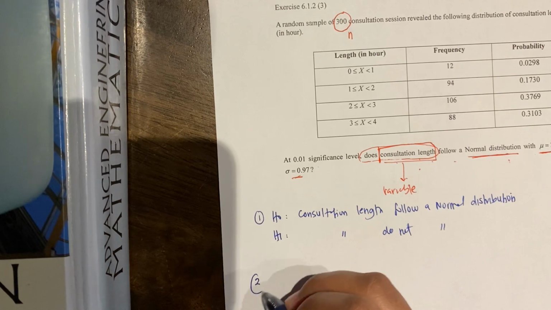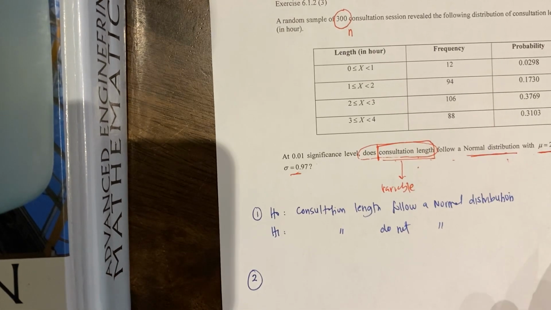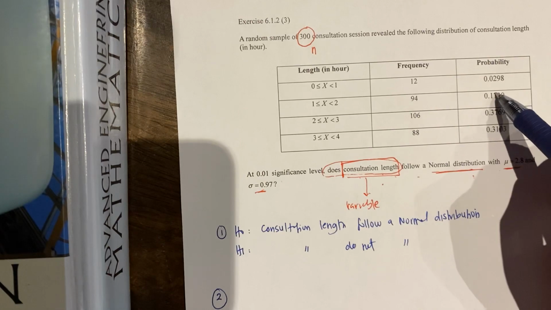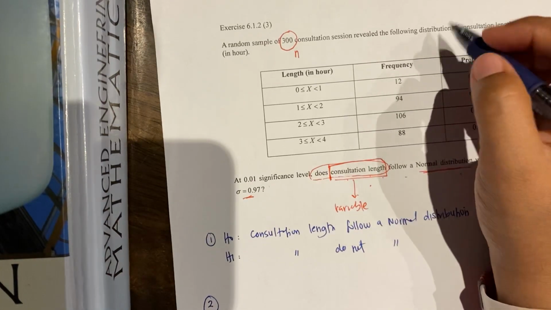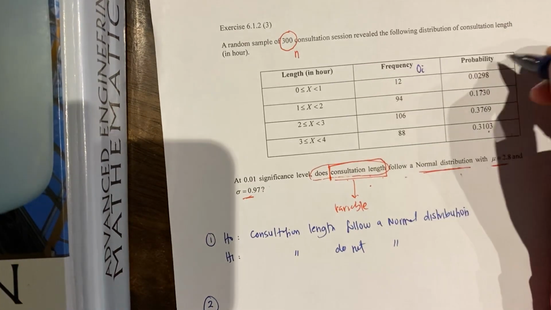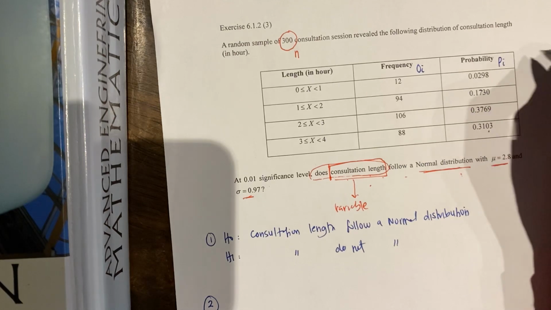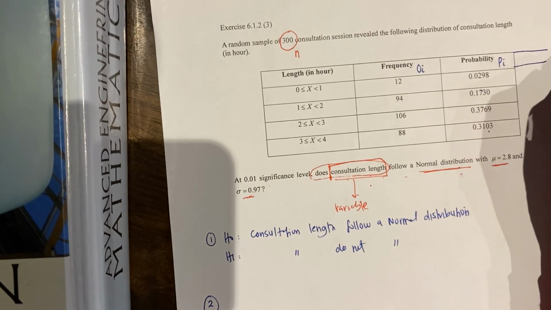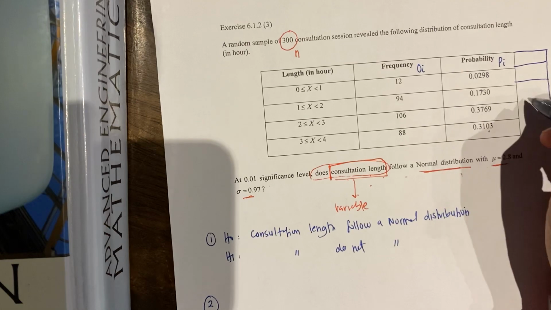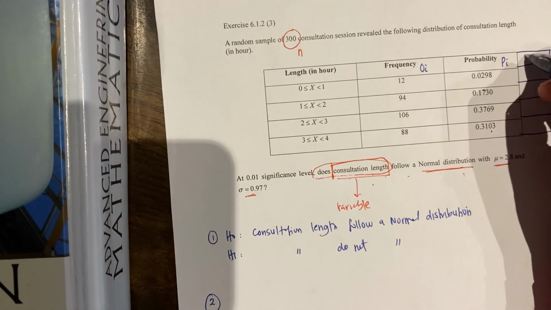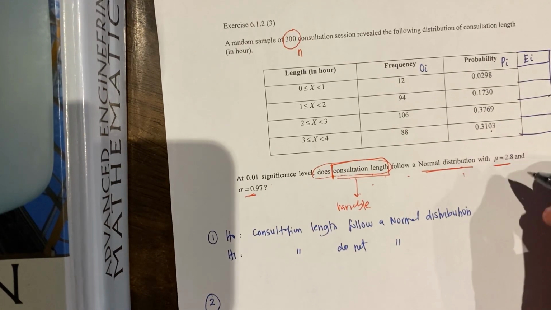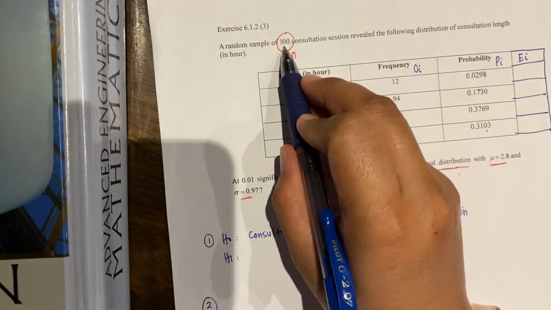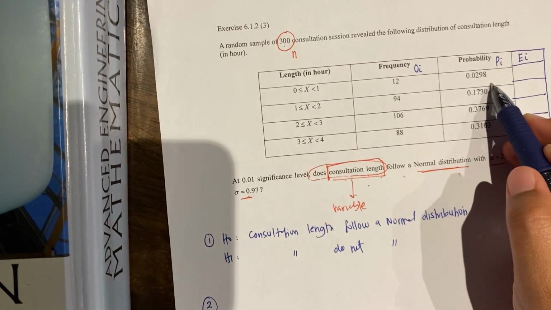So step 2, we need to calculate the chi-square. You are given the probability, you have the frequency here as O_i, and the probability here as P_i. So I just add a column for E_i. We know that we have 300 times the probability.